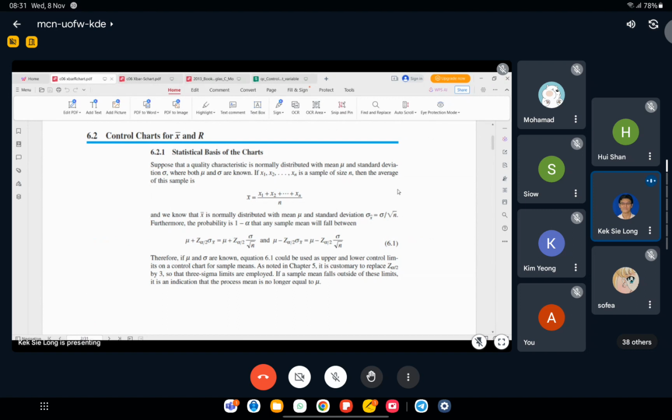In other words, the data points we collected from the production line or from the feedback of the customer, as long as the data we use for setting the control chart, we assume that these data are normally distributed.